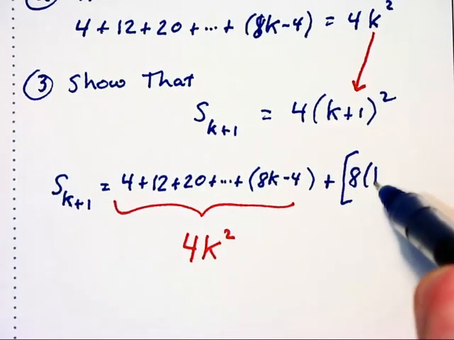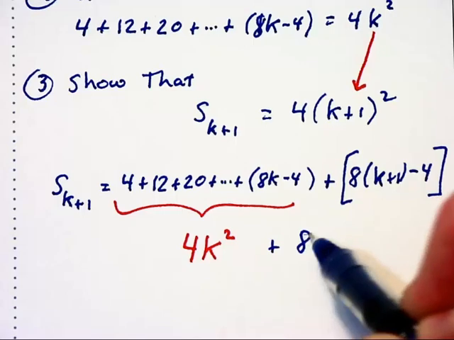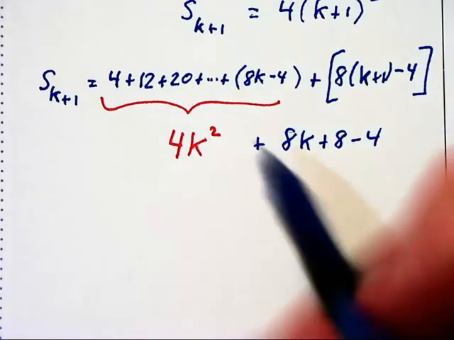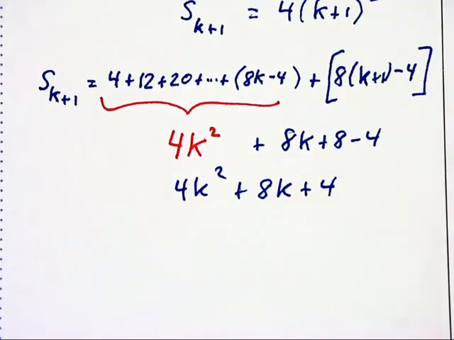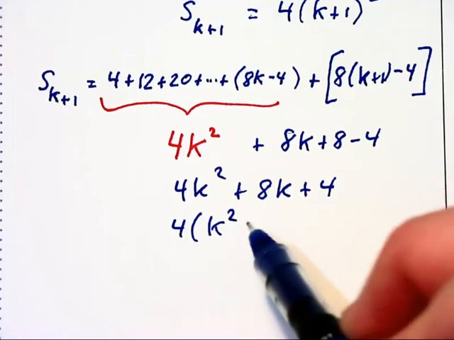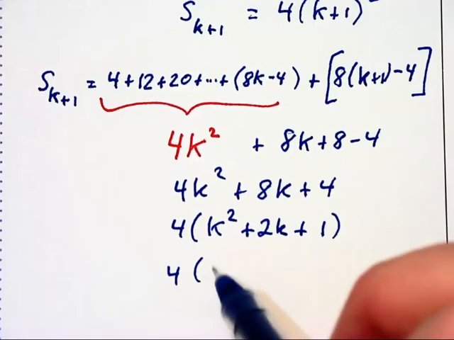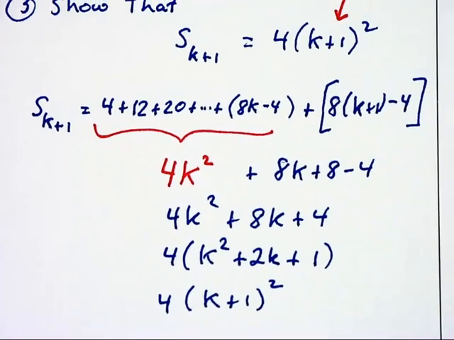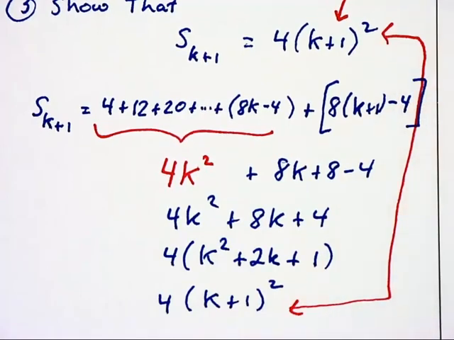Adding that on the next line, we're adding 8k plus 8 minus 4. And continuing along here, we have 4k squared plus 8k plus 4. Let us simplify this by factoring out a 4 to then have k squared plus 2k plus 1. And that factors into 4 times k plus 1 squared, which is the same as the formula we had up above. And that finishes our proof.